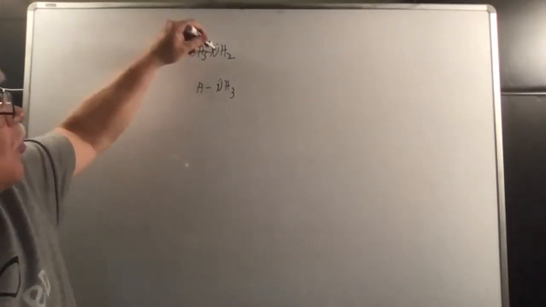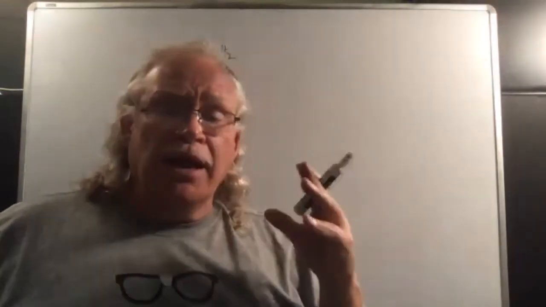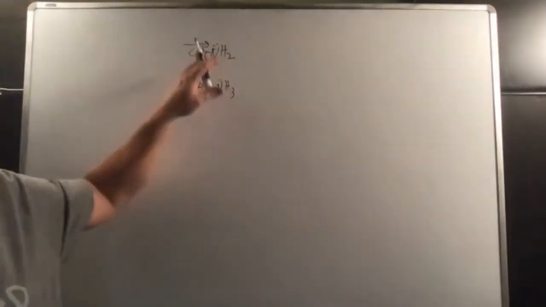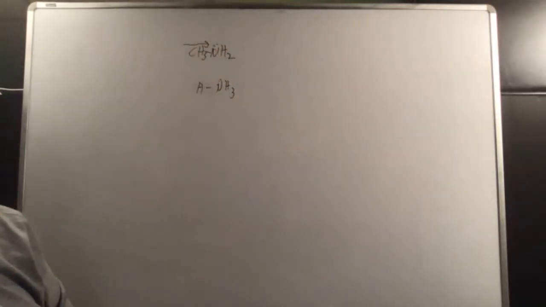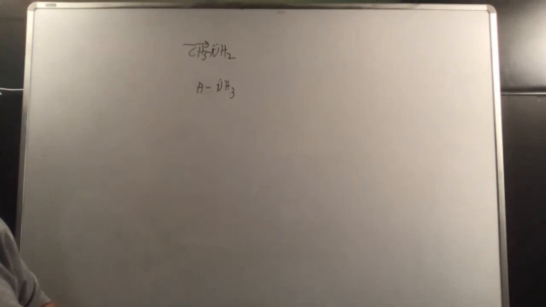This methyl group is donating electrons toward the nitrogen, putting more electron density on the nitrogen. If the nitrogen has more electron density, it can donate its electrons more easily. So because this methyl group donates electron density, notice it's going to be the stronger base.